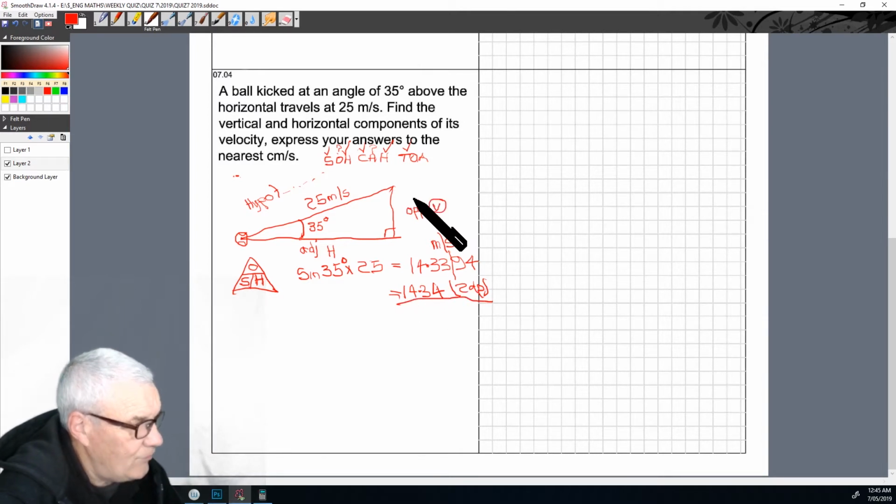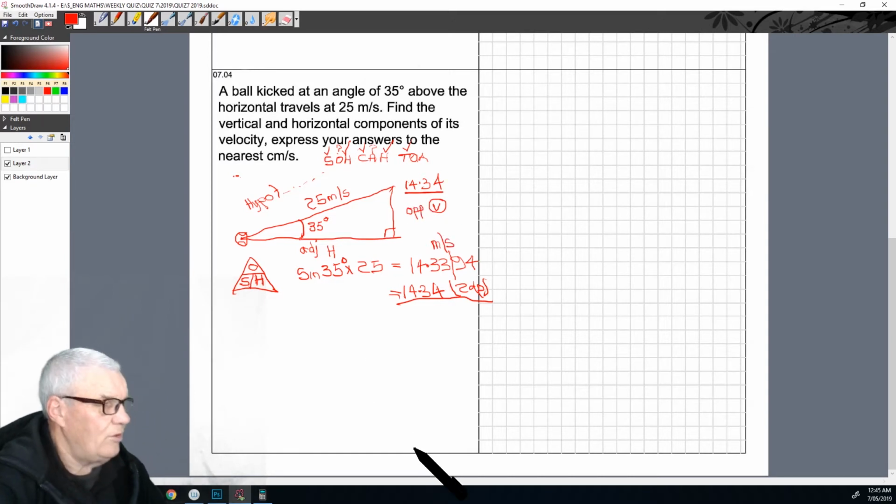And that's the vertical one. So let's put that there on our diagram. 14.34. That's what we want.